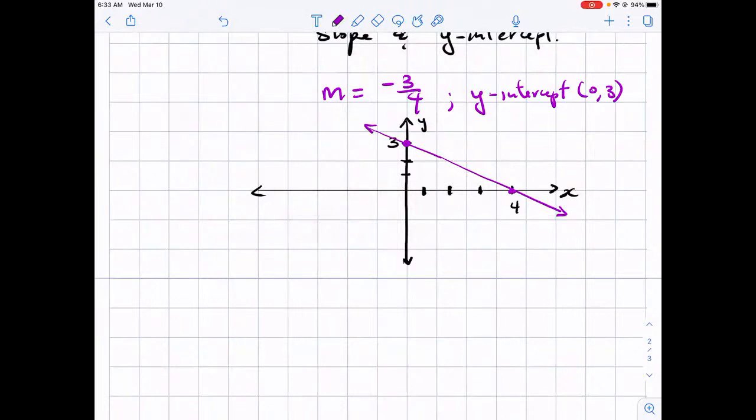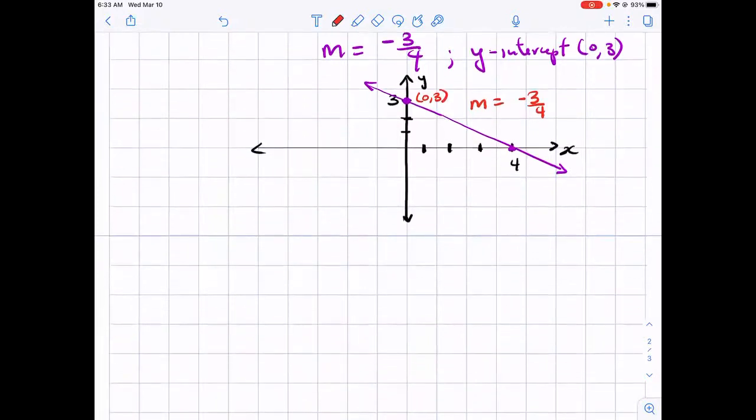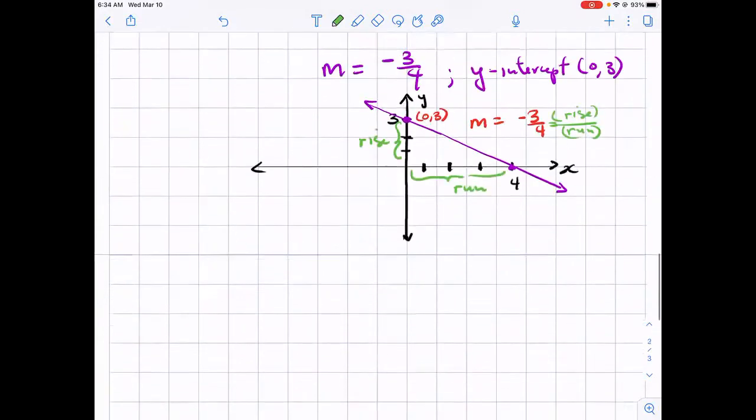And here we know that m is minus 3/4, right? And the y-intercept here is (0, 3). This is the point (0, 3). That's your y-intercept. So remember, this is called the rise, and this here is called the run, because slope is the same as the rise over the run. Right? So slope is rise over run.